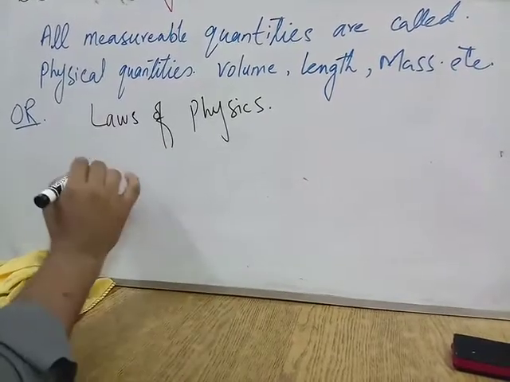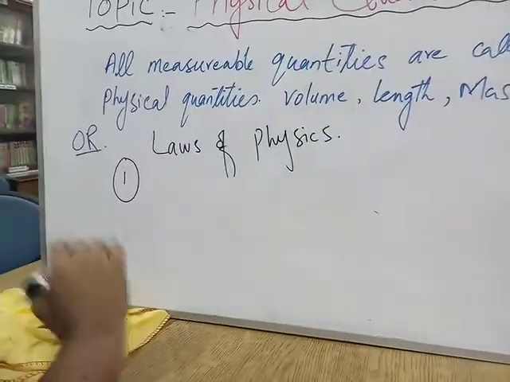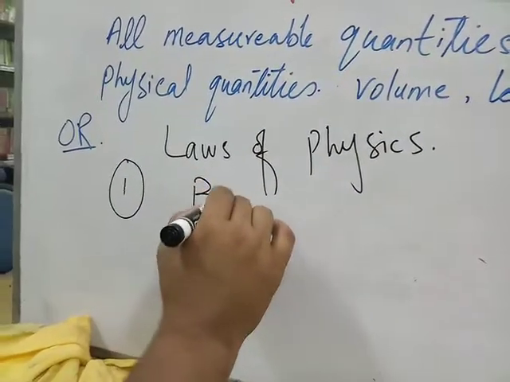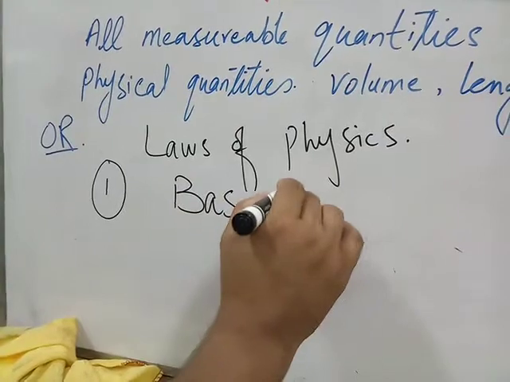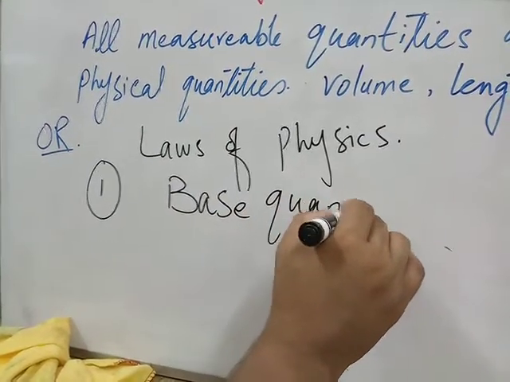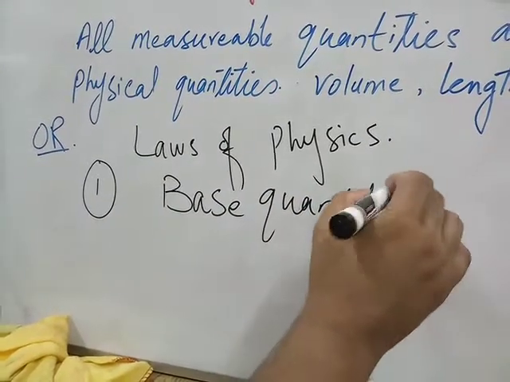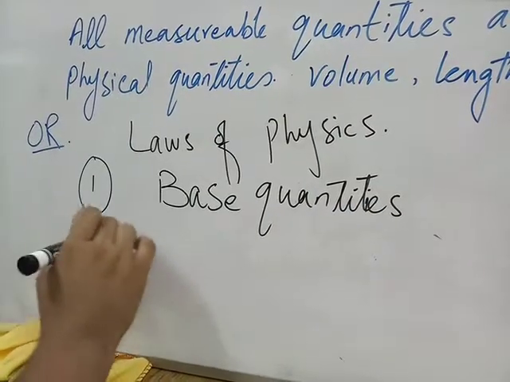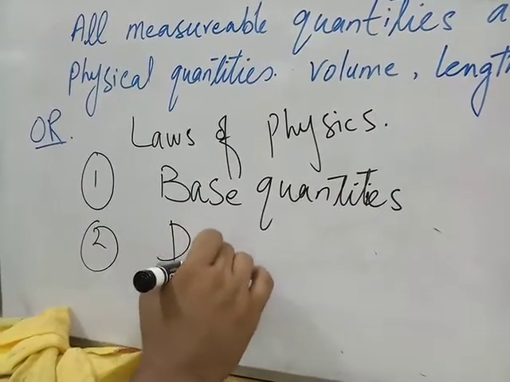There are two types of physical quantities. Physical quantity is divided into two types. Number one, base quantities, and number two, derived quantities.